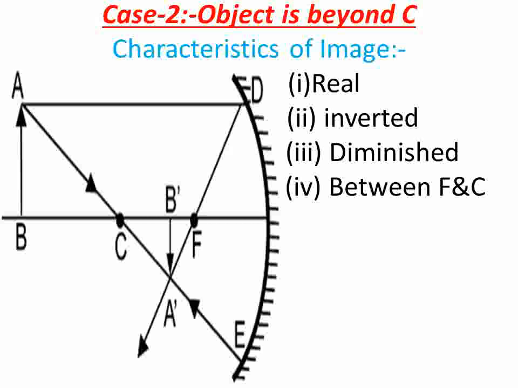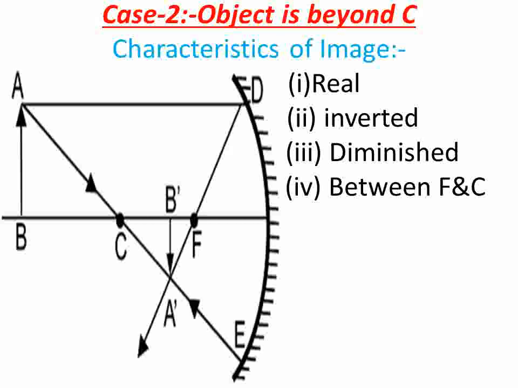First, the parallel ray AD falls on the mirror and after reflection it passes through focus F according to rules of image formation, and another ray AC passes through the center of curvature, falls normally on the concave mirror, and according to the rules of image formation it is reflected back on the same path.